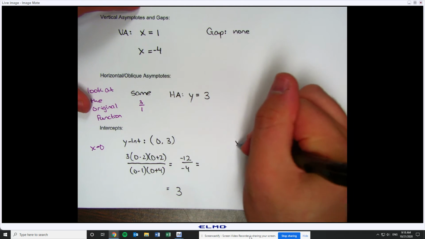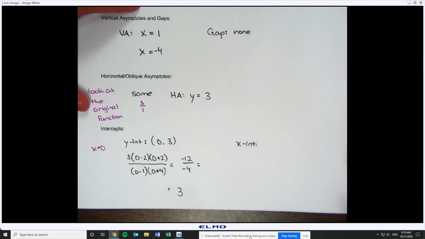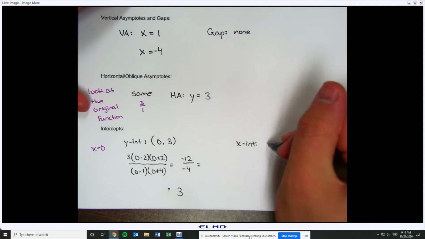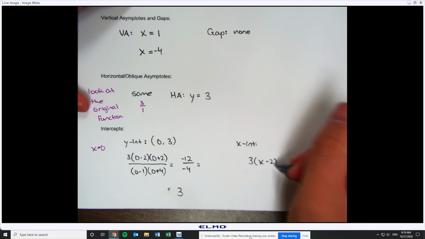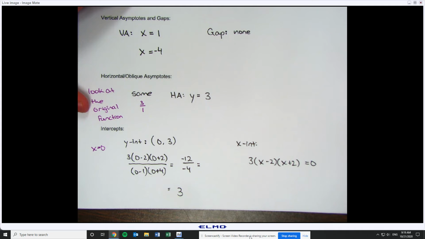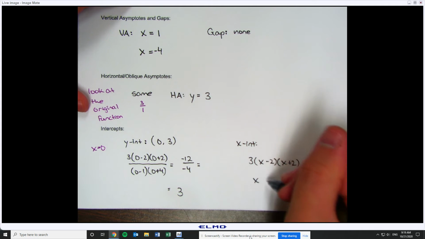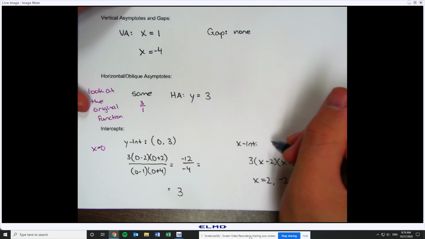All right, now for the x-intercepts, I look at the numerator of my lowest terms. So I have 3, then x minus 2, x plus 2, and I set it equal to 0. Well, solving this, I get x equals 2, and then x equals -2.